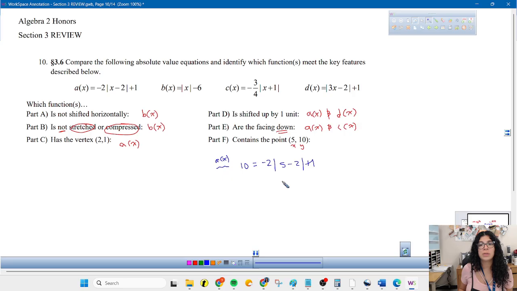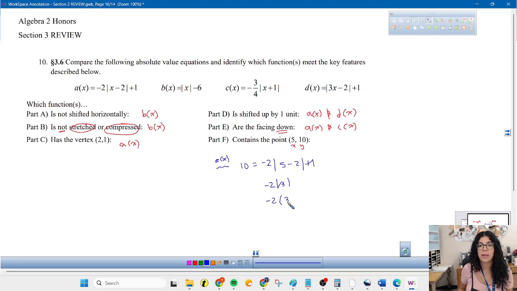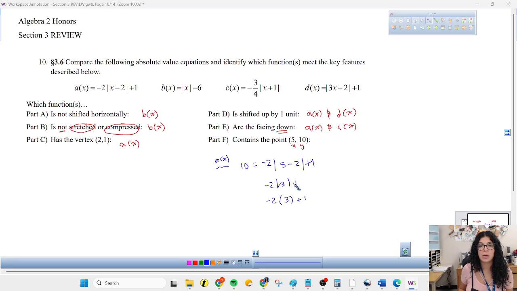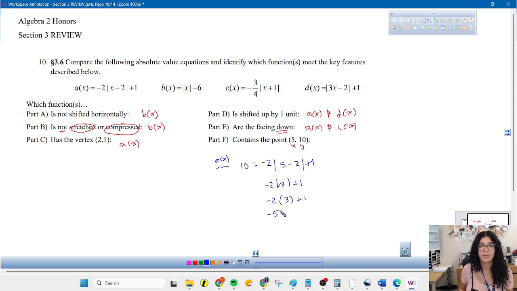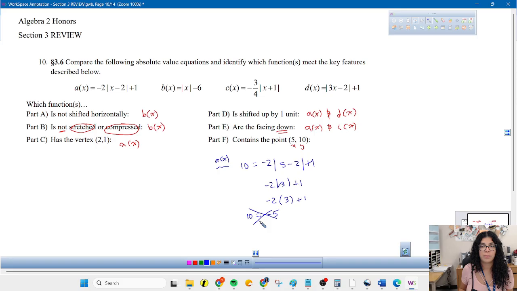Well, 5 minus 2 is 3. The absolute value of 3 is 3. -2 times that 3 plus 1 would be -5. So is -5 equal to 10? No. So A of x does not work.